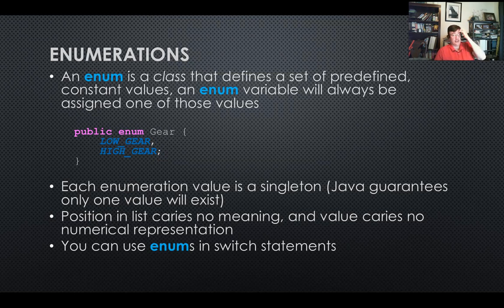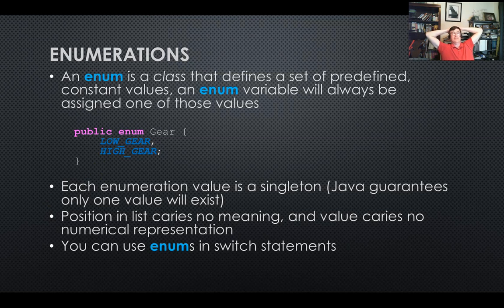The reason I can do this is because the values in the gear enumeration are singletons. So what is a singleton? A singleton means Java guarantees one and only one value will exist. Remember, a gear is a class, and when I create an instance of a class, I create an object on the heap, and I get back the address of where it's located in memory.